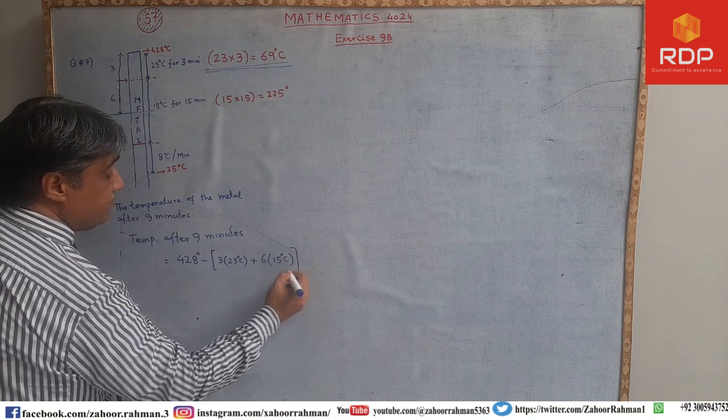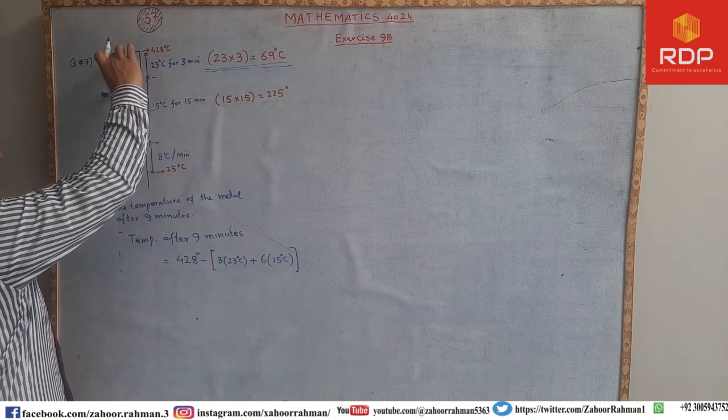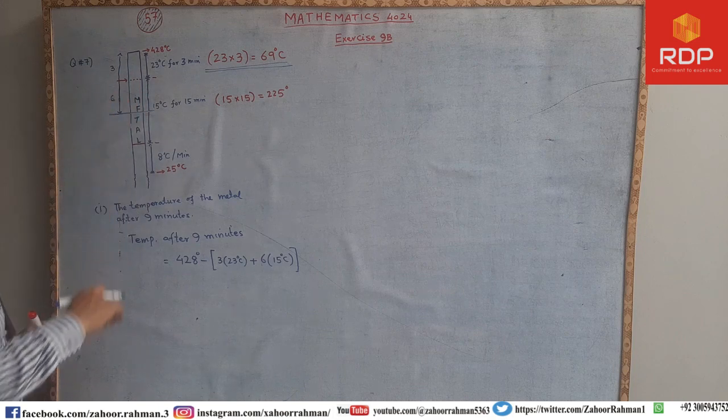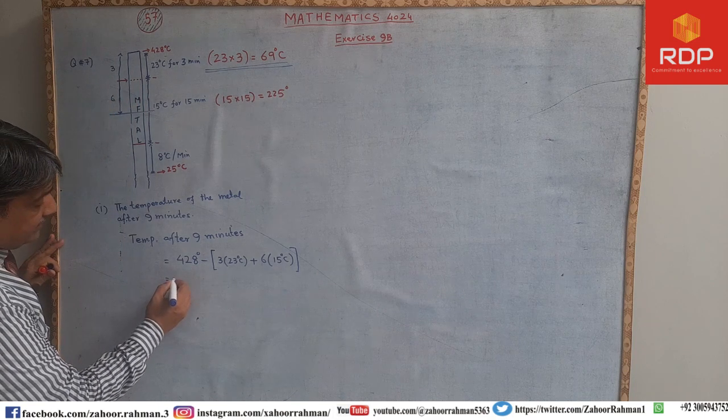You have to subtract these 3 and these 6 minutes, and then you will get the required answer.